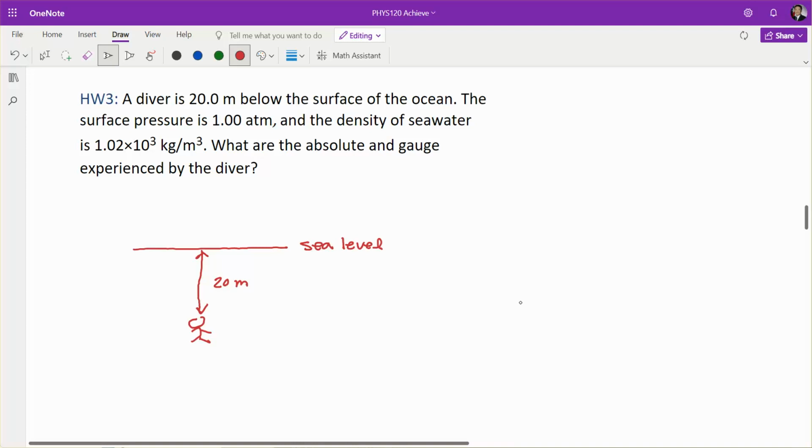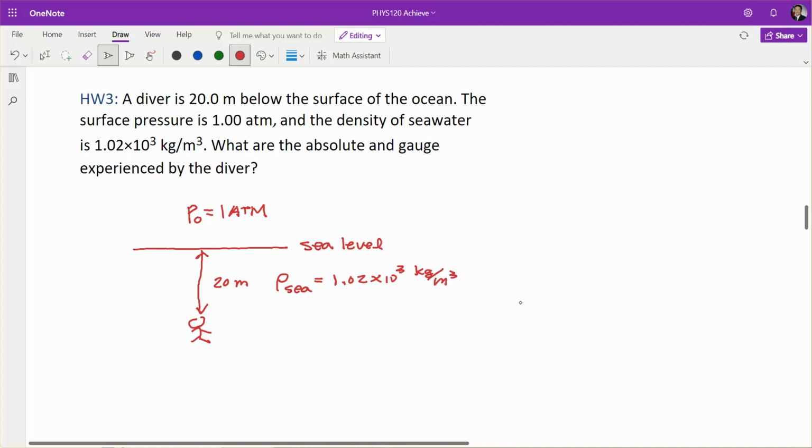Now there's a pressure in the air. This pressure in the air is 1 atm. And they also tell you the density of the seawater is equal to 1.02 times 10 to the 3, and this unit is kg per meter cubed.